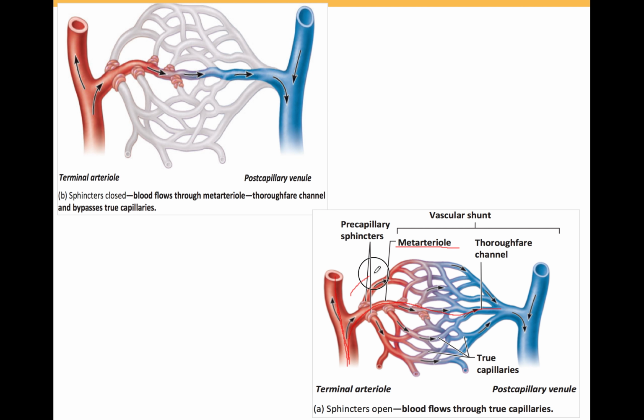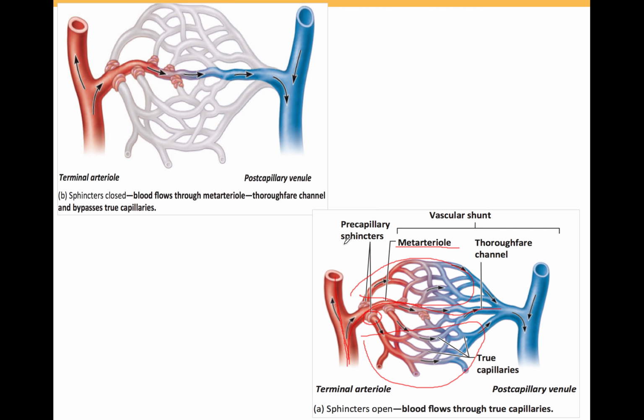The meta-arteriole is surrounded with this network of blood vessels, which we refer to as capillaries. What you notice is when the meta-arteriole is separating to form the capillaries, you have these circular muscles right here that are referred to as precapillary sphincters, or we can just refer to them as sphincters.